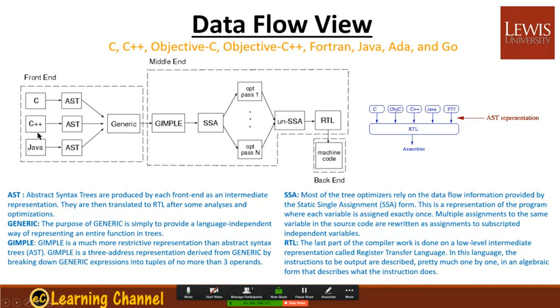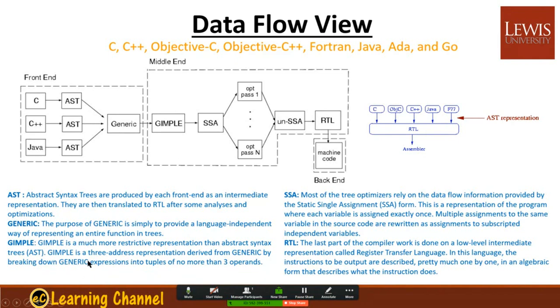So right here you accept different ASTs, and right here you have a generic stage, and then you put it into a GIMPLE program. A GIMPLE program is a much more restrictive representation of the AST. Basically, GIMPLE is also an AST, but it is a decorated stage. Here, GIMPLE is the semantic analysis we will see today; in more academic terms we call it semantic analysis, but in GCC it is called the GIMPLE stage.